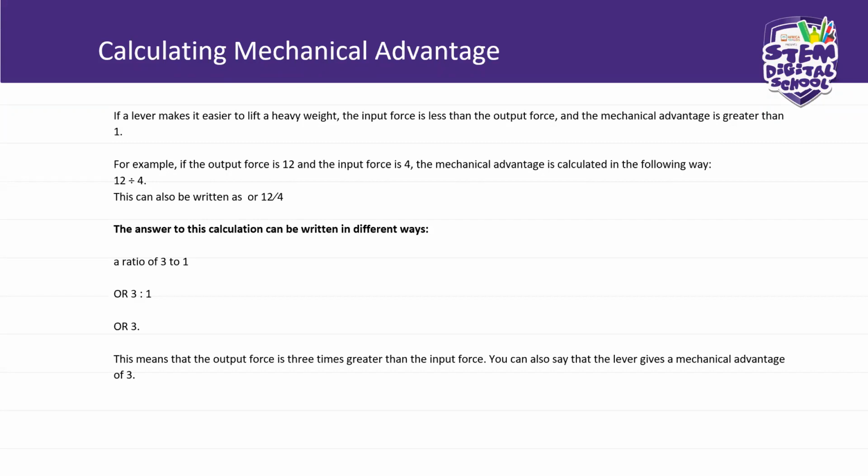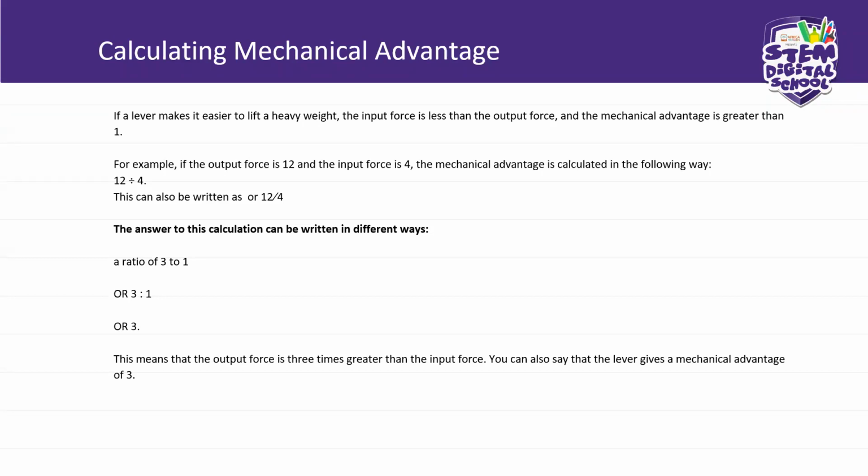The answer to this calculation can be written in different ways. A ratio of 3:1. How many times does 4 go into 12? 3.